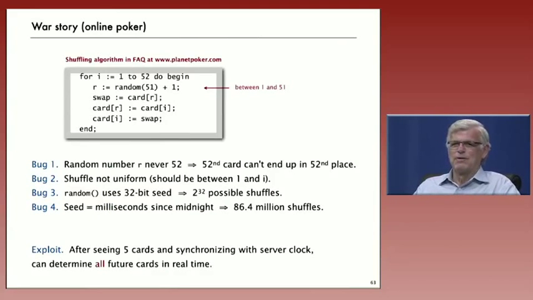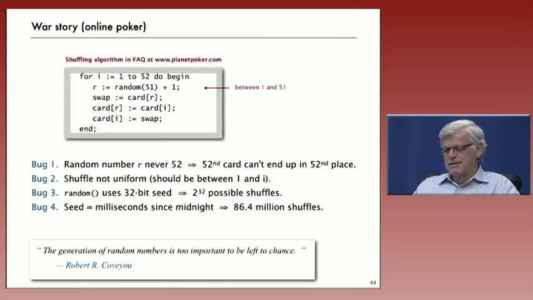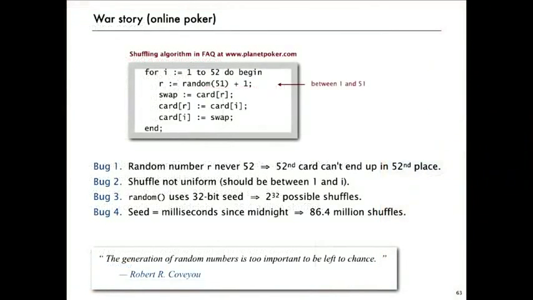You might want to make sure that if you're advertising that you're doing a random shuffle, that you go ahead and do so. A famous quote, and there's many similar quotes: the generation of random numbers is too important to be left to chance.